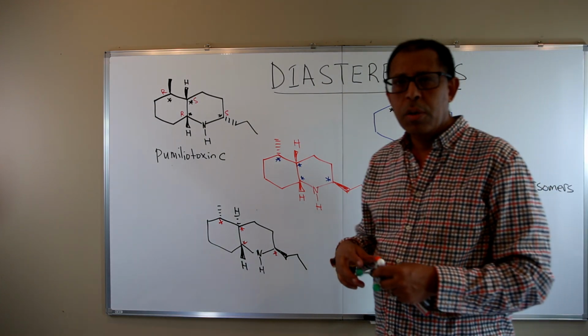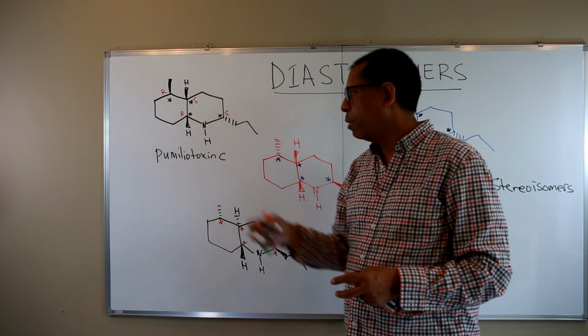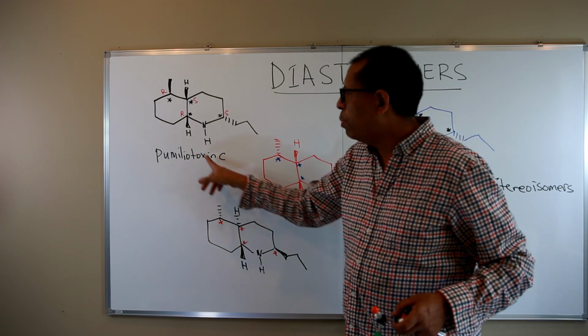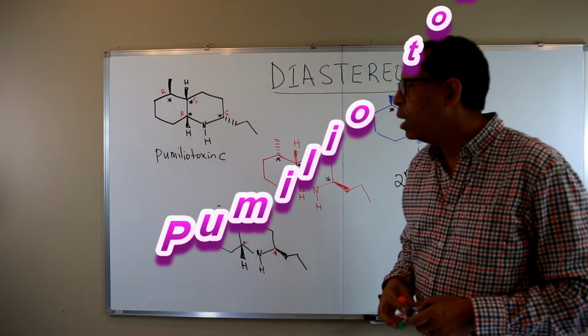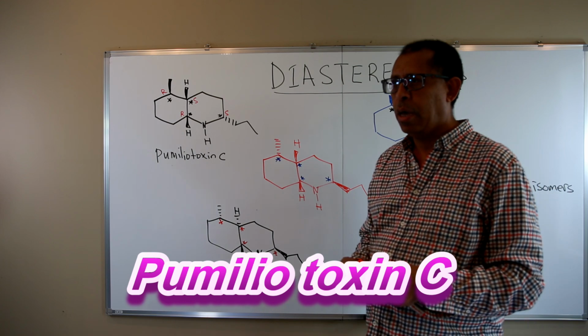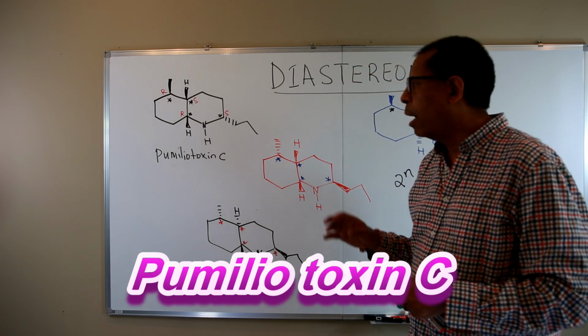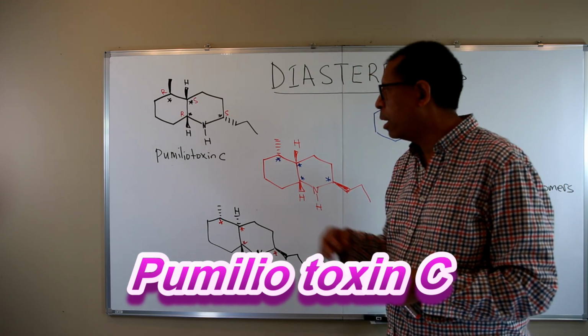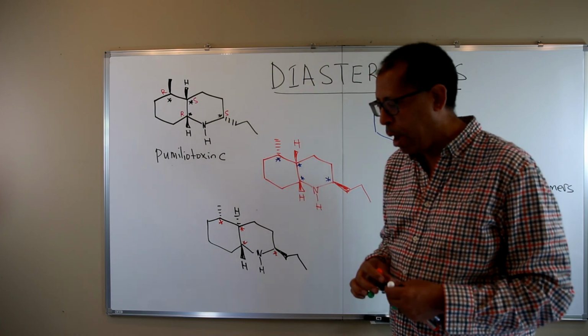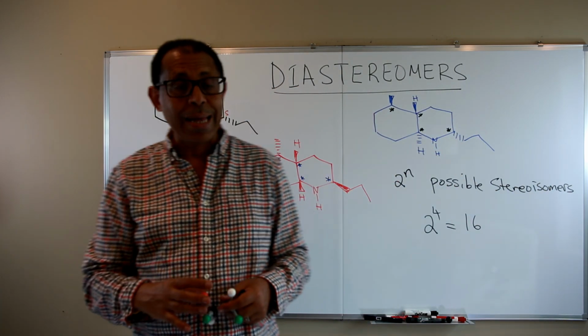Going to the board, for example, if you look at this Pimeotoxin C, it's a natural product, highly toxic, that comes from a frog's skin and is isolated in a very minute amount. It could cause paralysis.